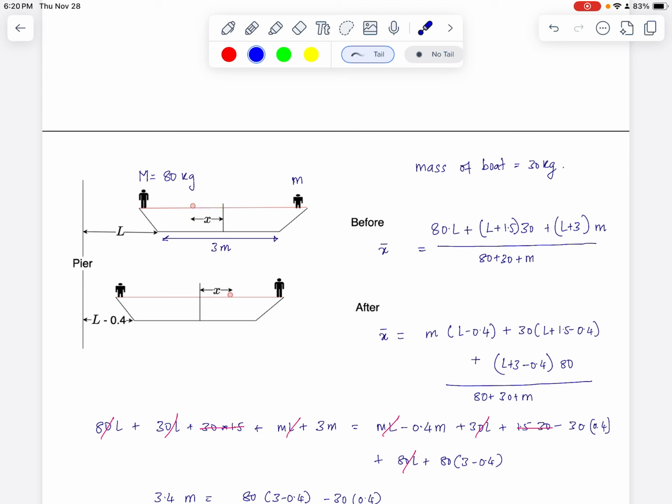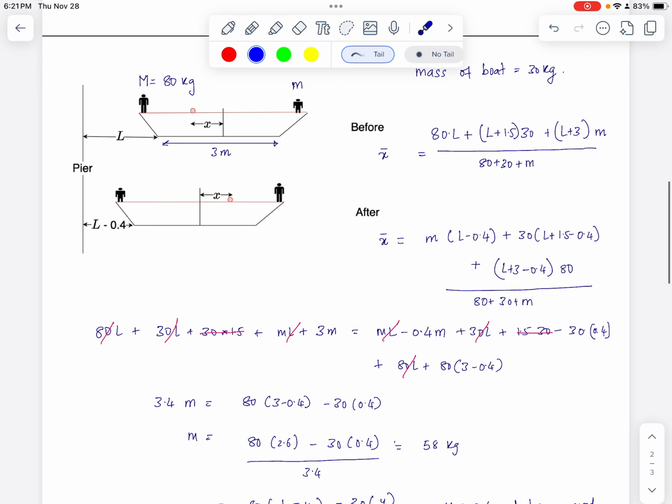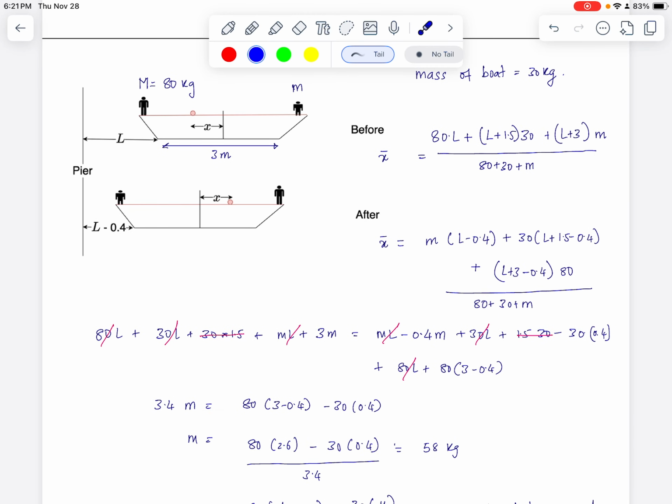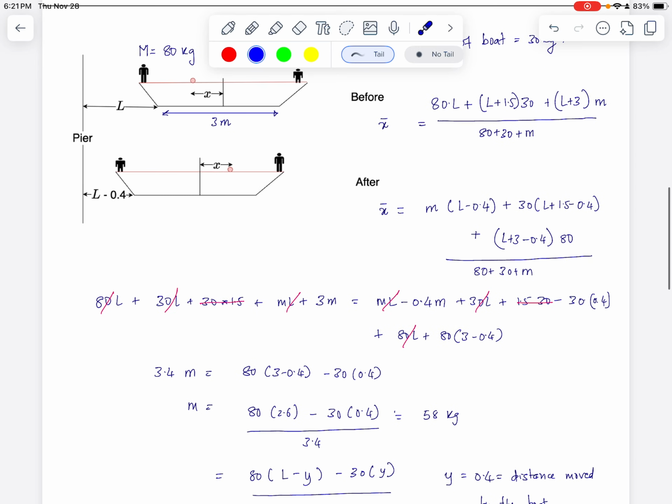As I have shown, initially the center of mass was to the left of the center of the boat. After the man has moved over, the center of mass has moved to the other side. So the total distance moved by the center of mass is 2x. Now 2x is the distance moved by the center of mass, and that is the distance that the boat moves in the other direction to compensate.